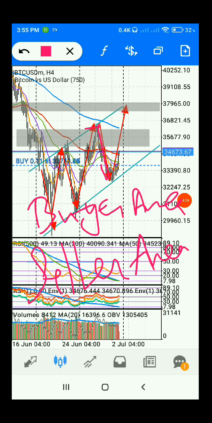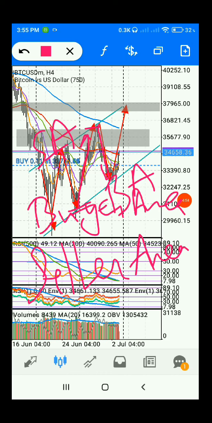And this point is a buyer area, so price goes up for buying. And again, this is a seller area. This is called SA, and this is called BA. SA means seller's area and BA means buyer area.